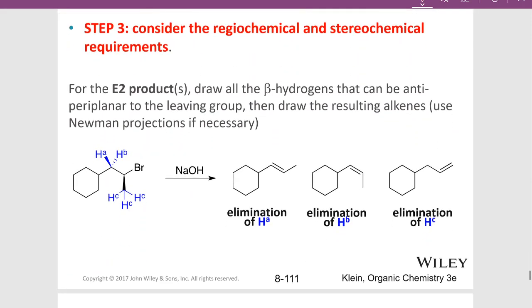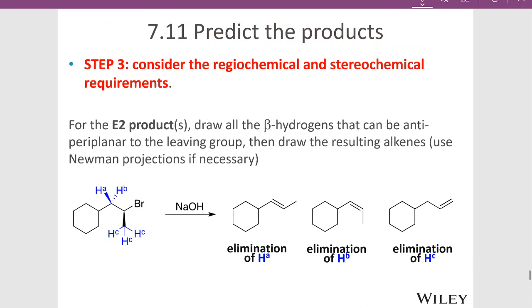Okay. For our E2 product, we need to consider all of the beta hydrogens. If we eliminate from HC, we're going to get only this one product possible because it doesn't have any stereochemistry at that position, right? So this is not stereoisomeric on that end double bond.